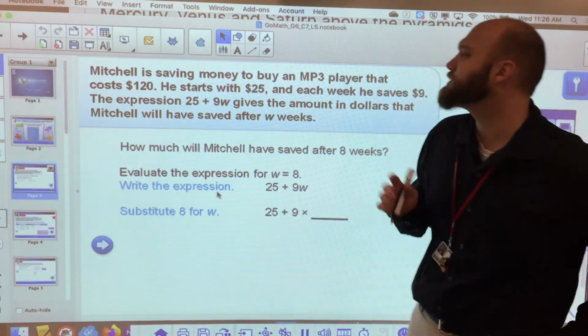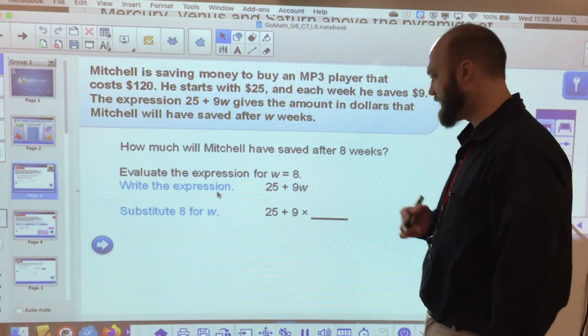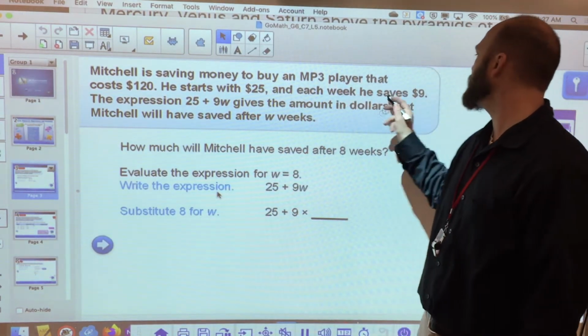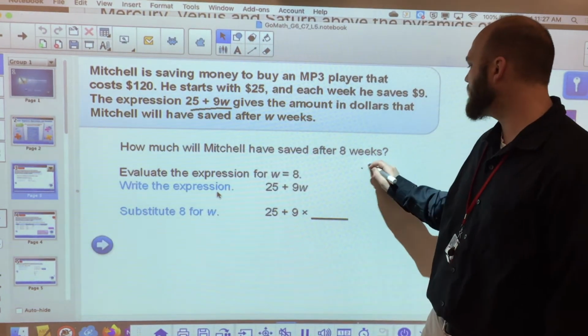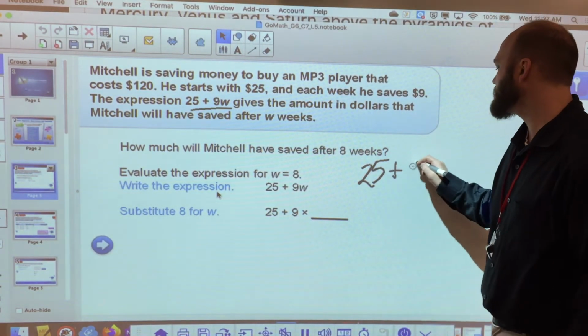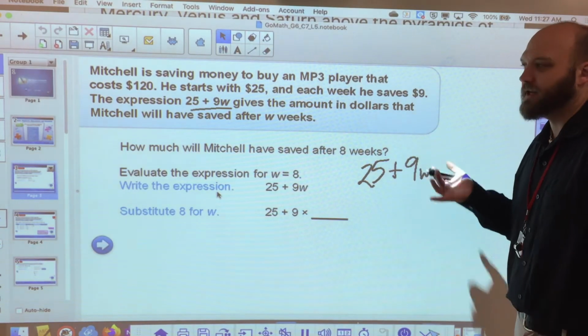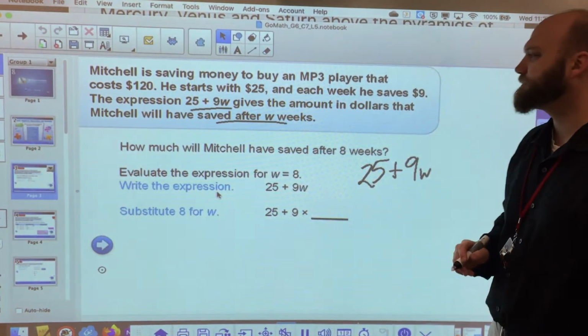We're talking about Mitchell. Mitchell's saving money to buy an MP3 player that costs $120. Now, we do know he starts with $25 and each week he saves $9. So the expression, the $25 he starts with plus $9 every week, plus how many weeks, we don't know how many weeks, gives the amount in dollars that he will save after W weeks.